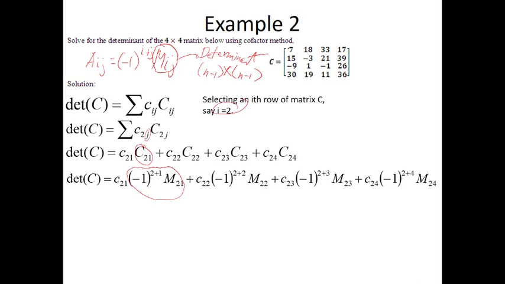So matrix C here is an n by n matrix, meaning this is 4 by 4. It has 4 rows and 4 columns. So for the determinant, for the minor, that will be 3 by 3.